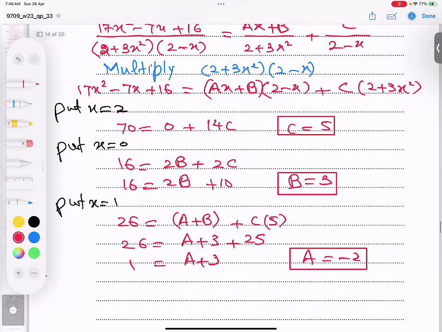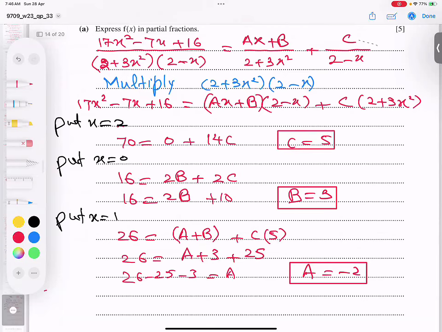So I hope it is clear. Or I can write directly 26 minus 25 and minus 3 equals A. So Alhamdulillah, and I will take the top equation, students.